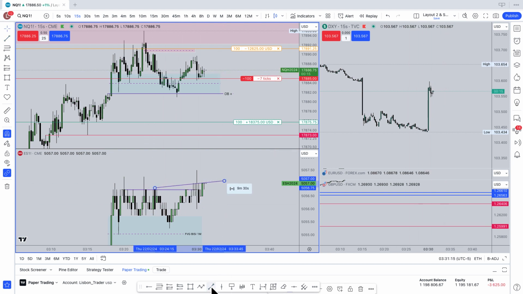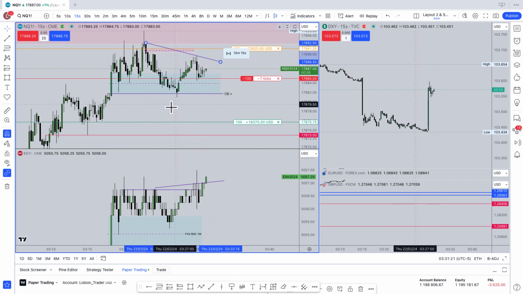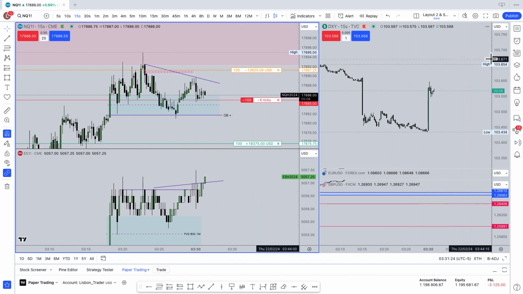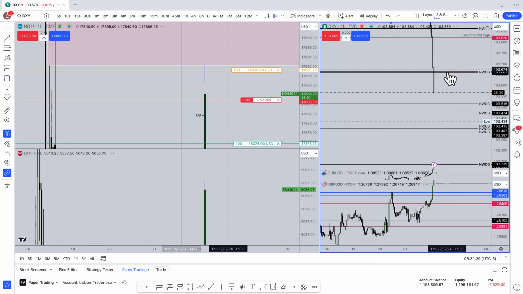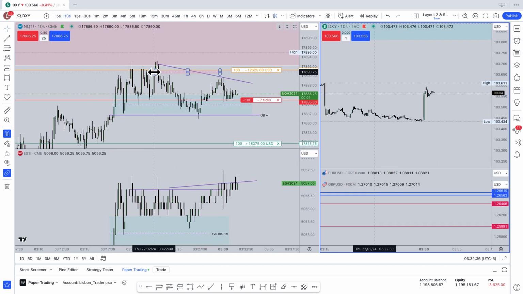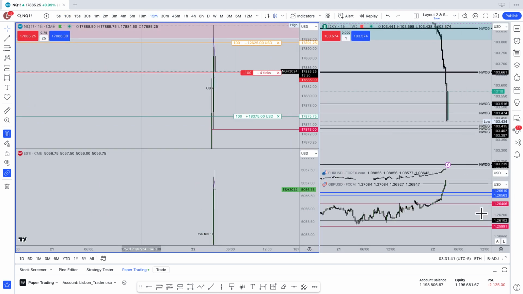So ES just made a higher high while NQ is pushing lower. DXY just is correcting about this candle, so rejected this level. Let's see if this pans out. So we have hardly any drawdown.